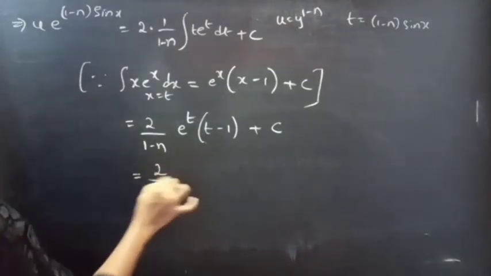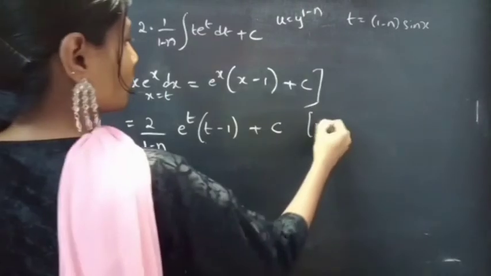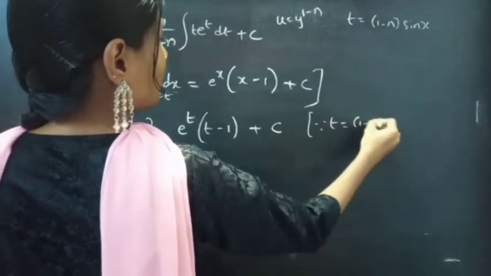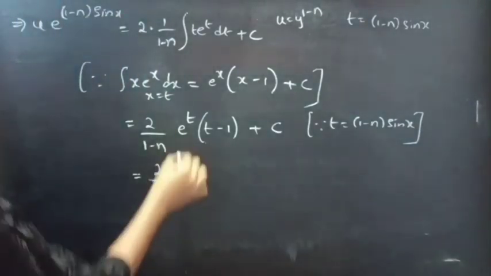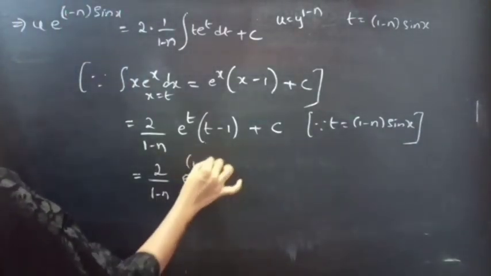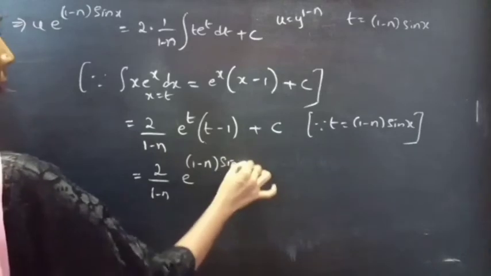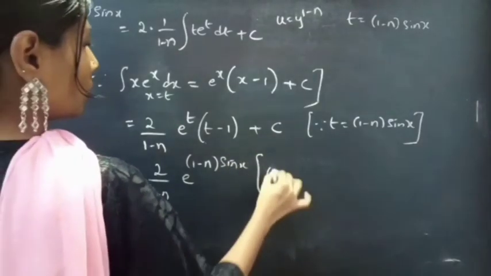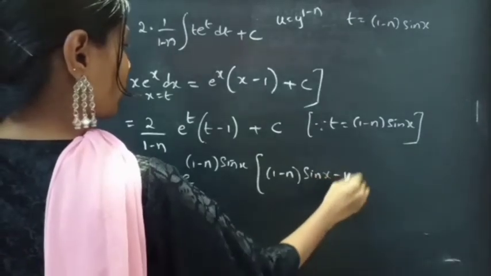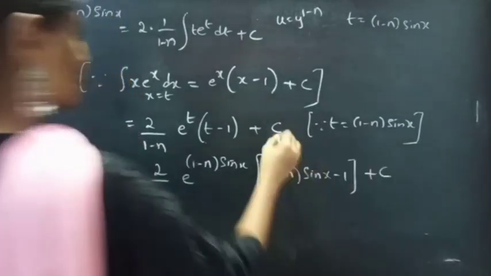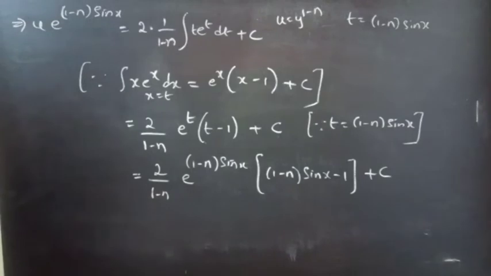Now replace t, since t equals 1 minus n into sine x. Then this becomes e power 1 minus n into sine x into 1 minus n into sine x minus 1 plus integral constant c.